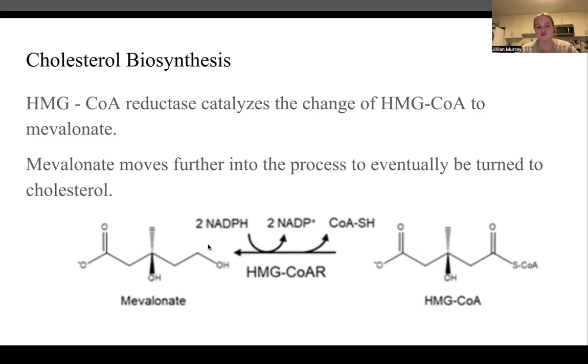So this is the second step in the process. Then mevalonate goes through transformations for several more steps before it finally turns into cholesterol at the end. So when we're talking about statin drugs, we're looking at this specific reaction and step in the pathway that they are able to inhibit.